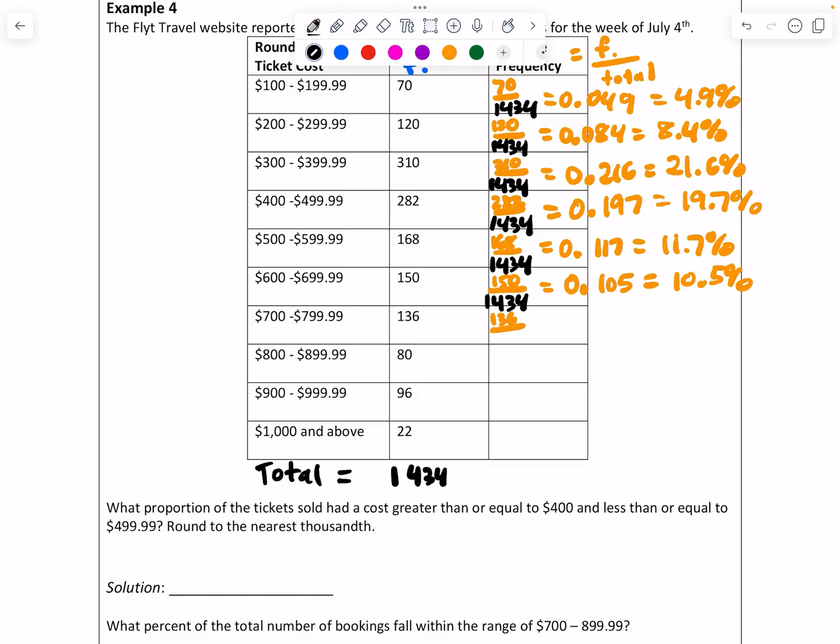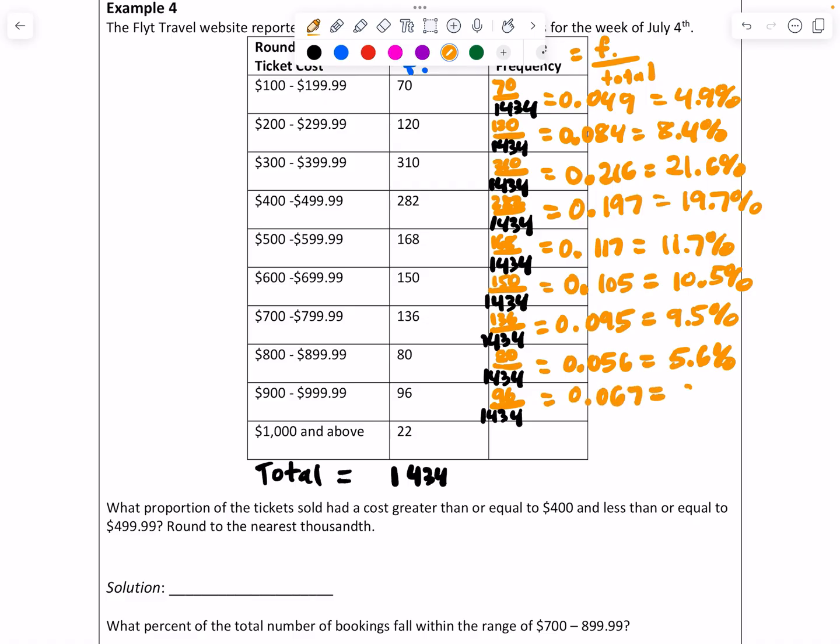136 divided by the total is 0.095. That's 9.5%. 80 divided by 1,434 is 0.056, 5.6%. 96 divided by 1,434 is 0.067, so 6.7%.